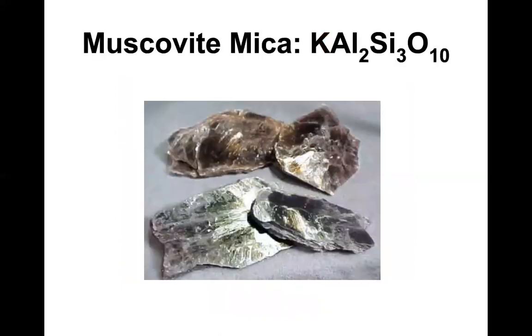Let's see the next one. How about this one? So we have some muscovite mica. Looks like a pretty busy formula, but we don't really have to worry with most of it. We're just looking at the end where we see that Si and the O. And it tells us it's a what? Si and O. So silicon and oxygen.